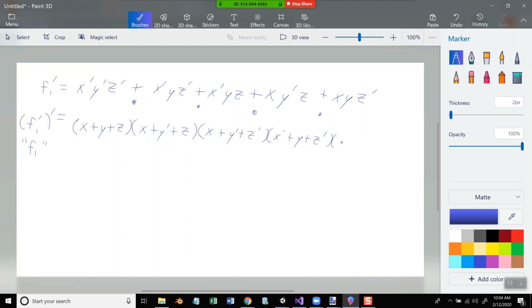And then this one becomes x prime plus y prime plus z. Assuming I haven't screwed any of those up. Look in the book, compare it. X plus y plus z, x plus y prime plus z, x plus y prime plus z prime, x prime plus y plus z prime, x prime plus y prime plus z.